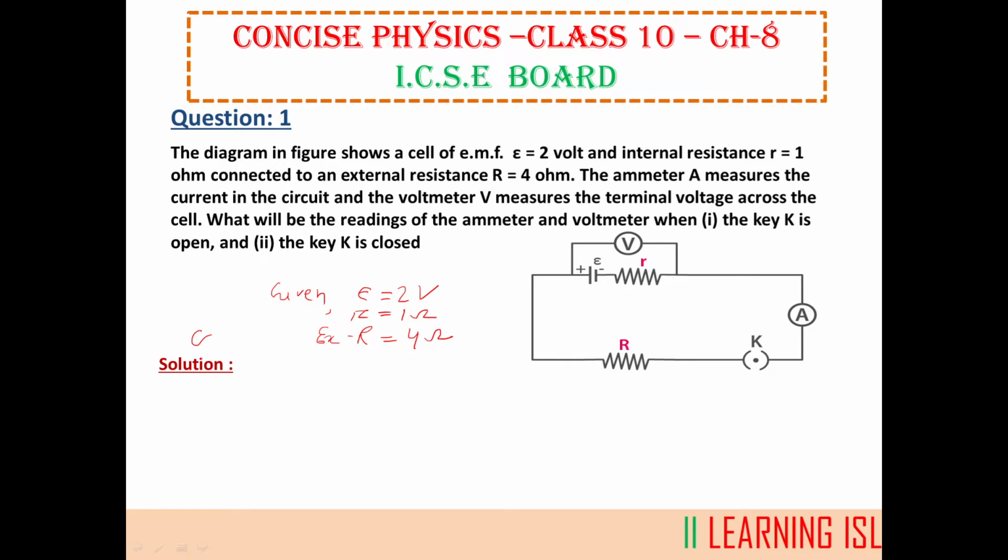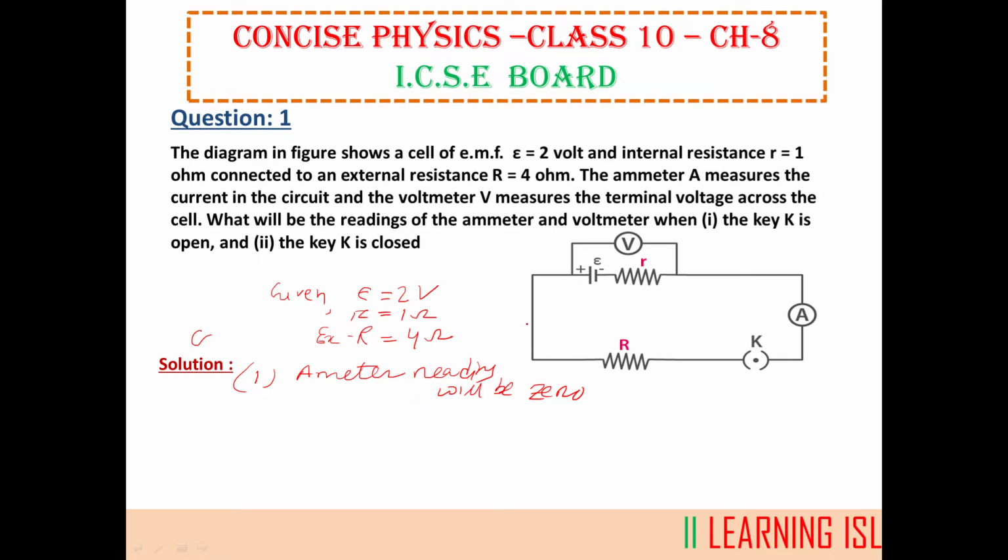when, number 1, the key is open, that means the circuit is open? We know if the circuit is open there will be no flow of current, so the ammeter reading will be 0.